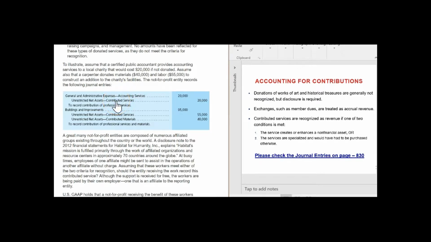For the second category, since the carpenter is contributing materials and labor for constructing facilities related to a building, you can record it as building and improvement, and also categorize it under the unrestricted fund. One is a contributed service, another is contributed material. So this is how you're going to record those contributed services.